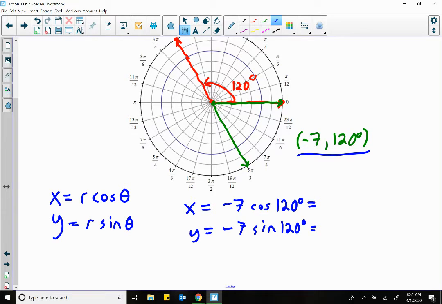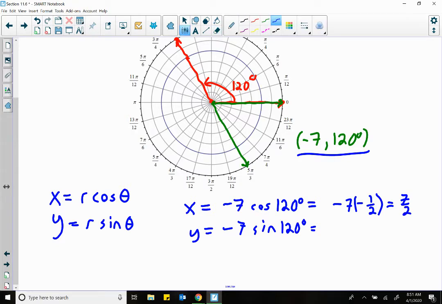So you just use your big chart of angle measures, which I've given you, and cosine of 120 degrees is -1/2. So we're going to multiply those two together, which gives us 7/2.